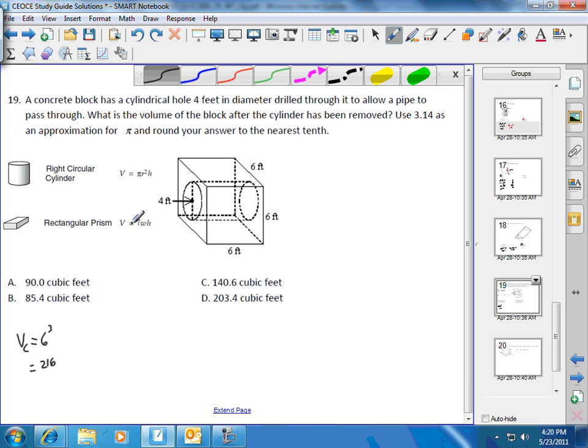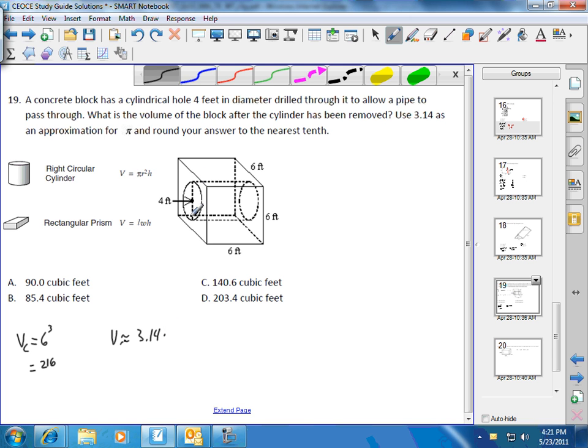All right, and then we're just going to use our formula for the volume of a right cylinder, pi r squared times the height. That's just the area of the base times the height. So volume is going to be approximately, because we're using 3.14 for the value of pi, 3.14 times the radius squared.